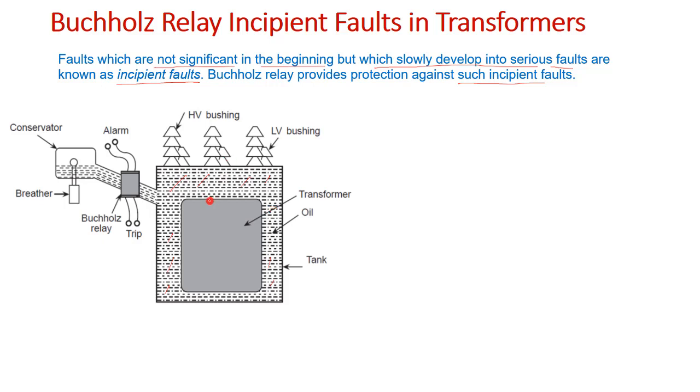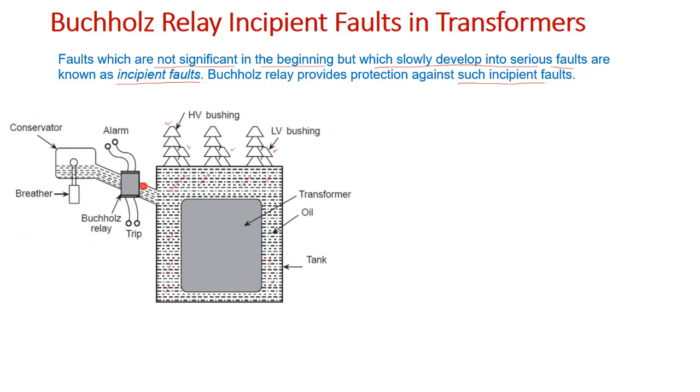The core and winding are immersed in the insulating oil, and these are the bushings we can see here. These are the high voltage bushings, therefore more insulation is provided, and on the other side are the low voltage bushings with less insulation, right? Now we can see these parts.